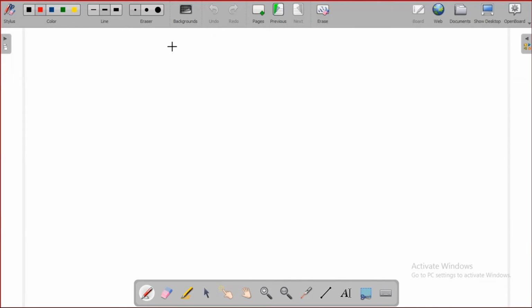Now let's take a few examples. Check whether the following systems are linear or not, and time invariant or not.